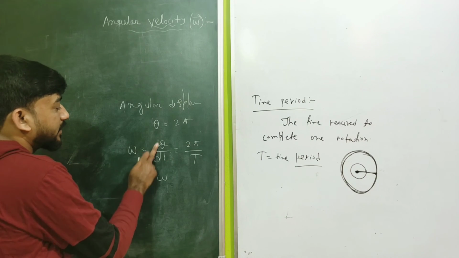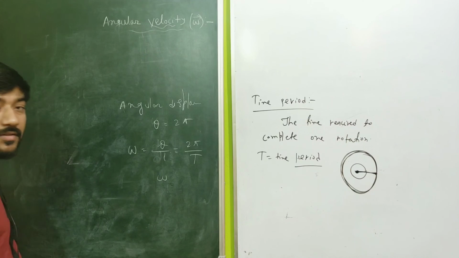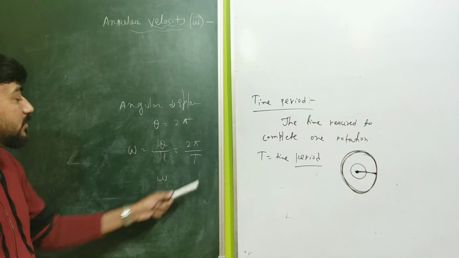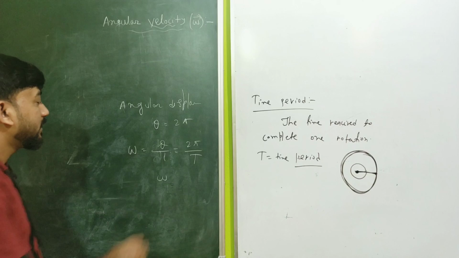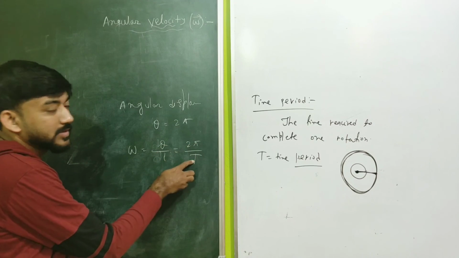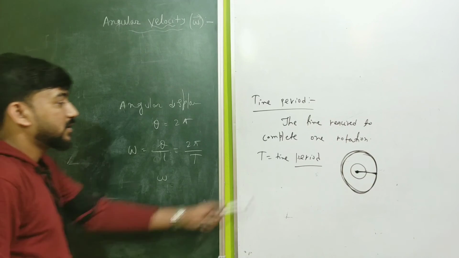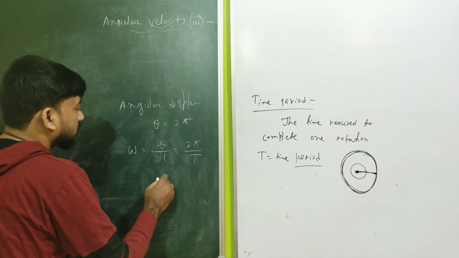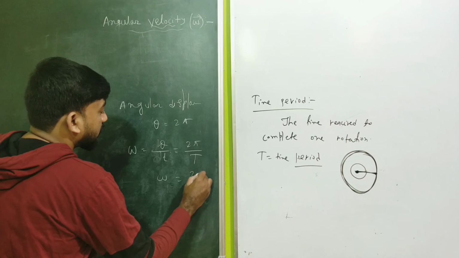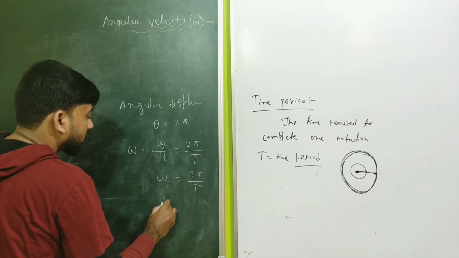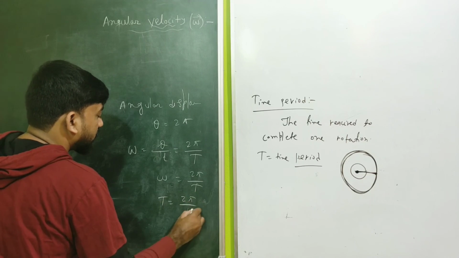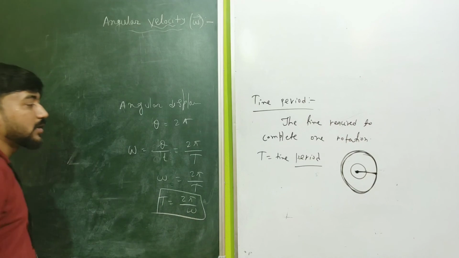Sometimes you can simply write it as theta by t, because here we need the numerical measurement. So omega is equal to 2 pi by T. We can also write the time period in terms of omega: T is equal to 2 pi by omega.